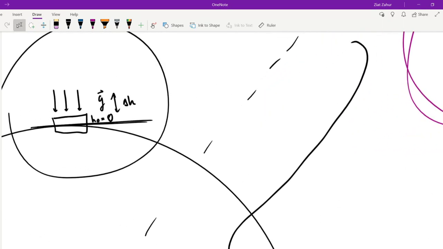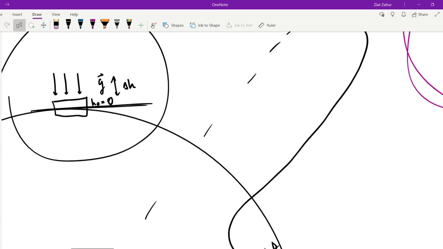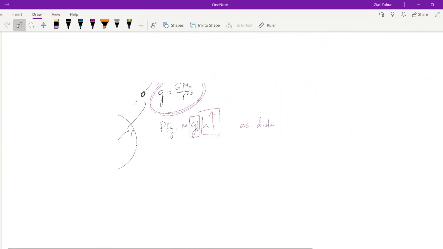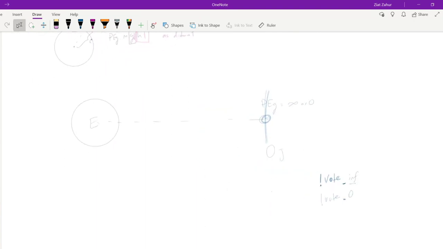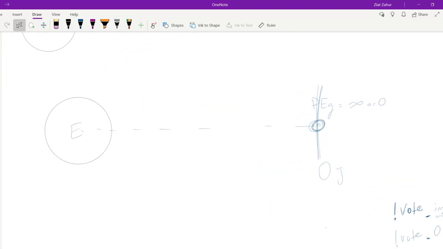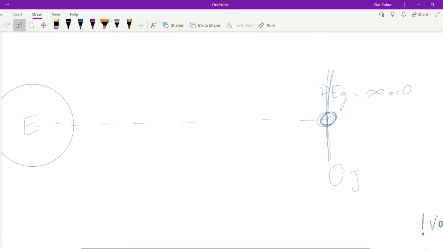So imagine, instead of height 0 being at the surface of our planet, height 0 is all the way out here at infinite distance away. And so if you are closer to the Earth, then you're actually at negative height.